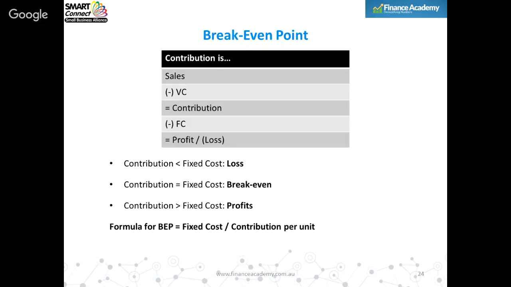And in the very first slide, I mentioned the definition of break even point should be the amount of sales that is required to take care of all the fixed costs and variable cost, and on top of that, a bit of profit so that the business owner walks out of the business making a profit, or else there is no point of just breaking even, because that is not the ultimate goal of any business.